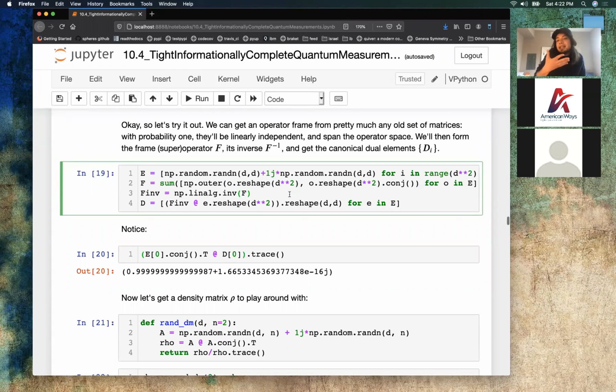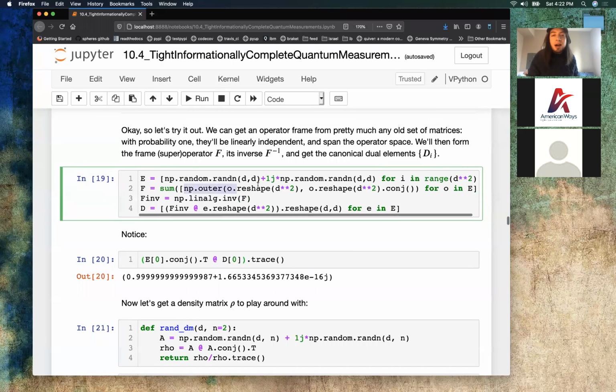So we can get an operator frame by just choosing, in this case, d squared, because the operator space is d squared. We want to span the space of operators: d squared completely random matrices full of complex numbers.